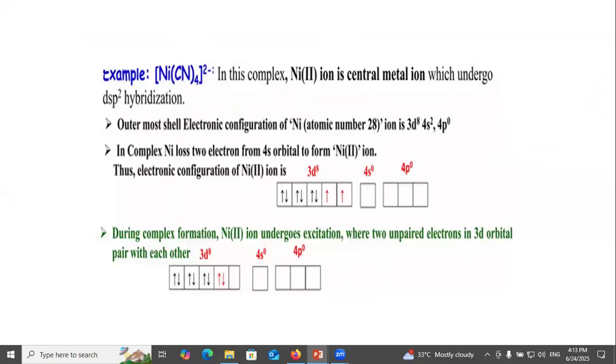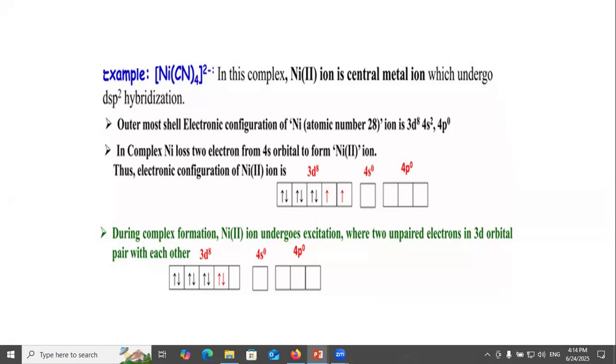In this complex, nickel +2 ion is the central metal ion which undergoes dsp2 hybridization. Outermost shell electronic configuration of nickel, atomic number 28, is 3d8 4s2 4p0. In the complex, nickel loses 2 electrons from 4s orbital to form nickel +2 ion. Thus, electronic configuration of nickel +2 ion is 3d8 4s0 4p0.